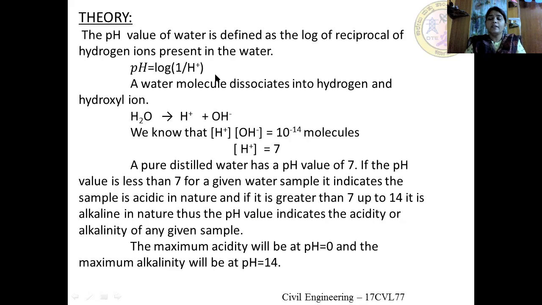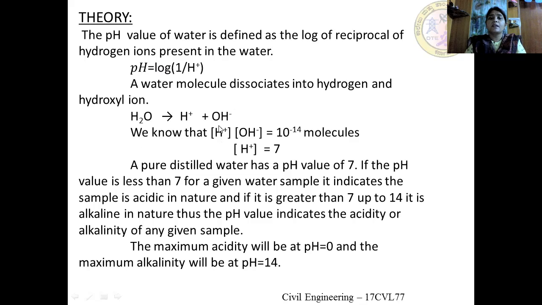Moving on to the theory, the pH value is defined as the log of the reciprocal of hydrogen ions present in the water. So pH is equal to log of 1 upon H plus ions. We know a water molecule consists of 2 hydrogen atoms and 1 oxygen atom. So whenever this water molecule dissociates, it dissociates into H plus ions, that is hydrogen ions, and OH minus ions, that is hydroxyl ions.